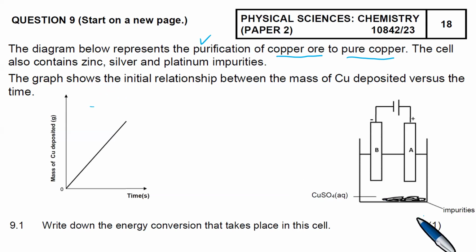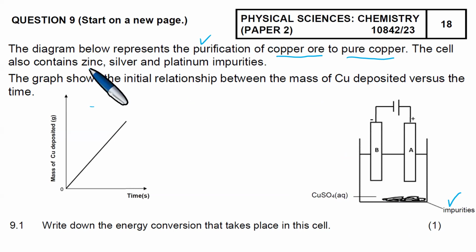So this cell here, you're able to see there are some impurities. These things they've put here are impure. They are dirty, full of dust and grime, full of soil from underground, because this copper is extracted from underground and you are putting everything inside this particular container.